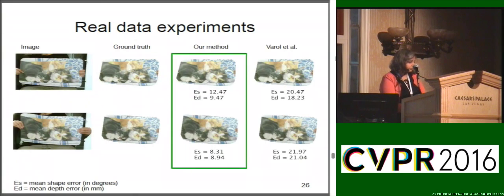Amongst these, this is the ground truth and the reconstruction from our method. We measure two kinds of errors here. ES is the error between the normals of the ground truth and the normals obtained by these methods, and the other is the error between the 3D points.